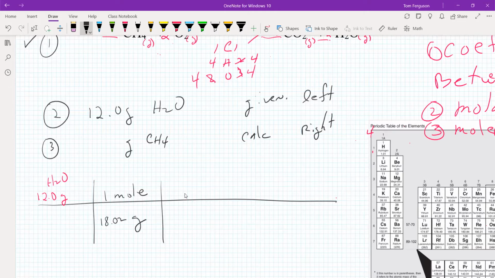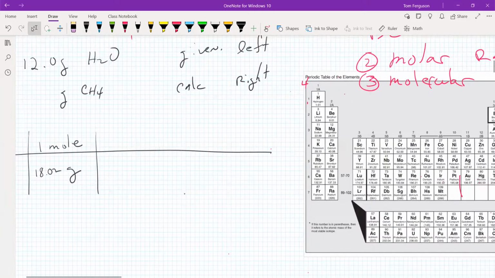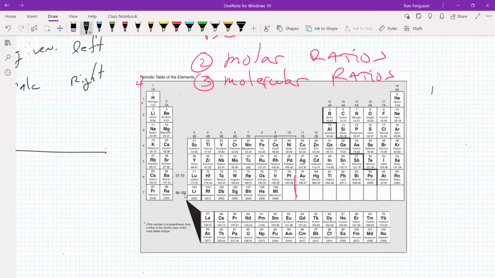The molar mass of water is 2 hydrogens and 1 oxygen.